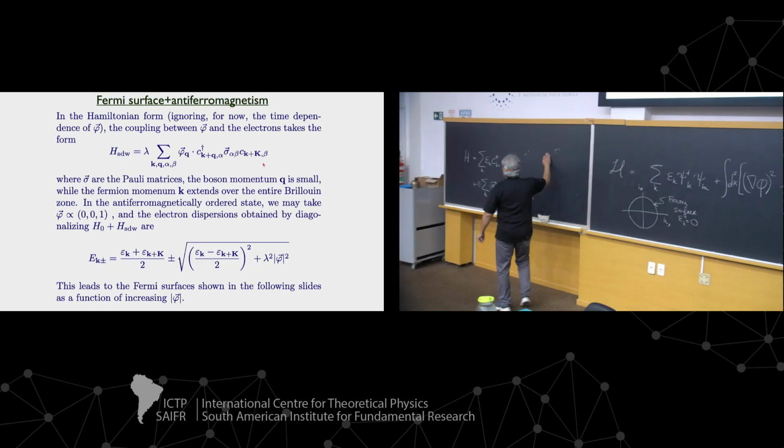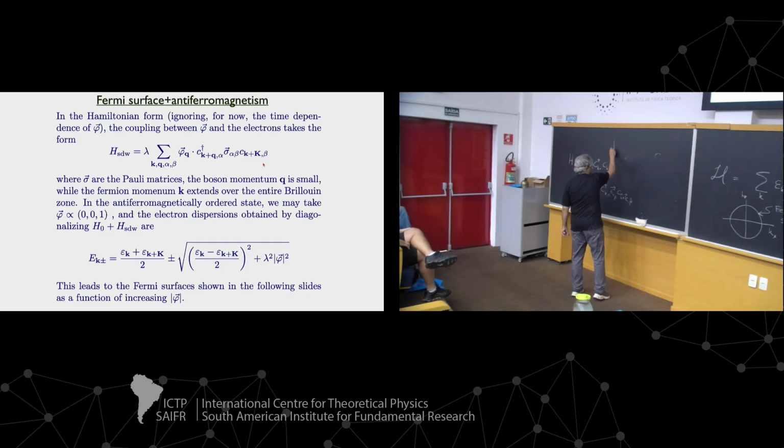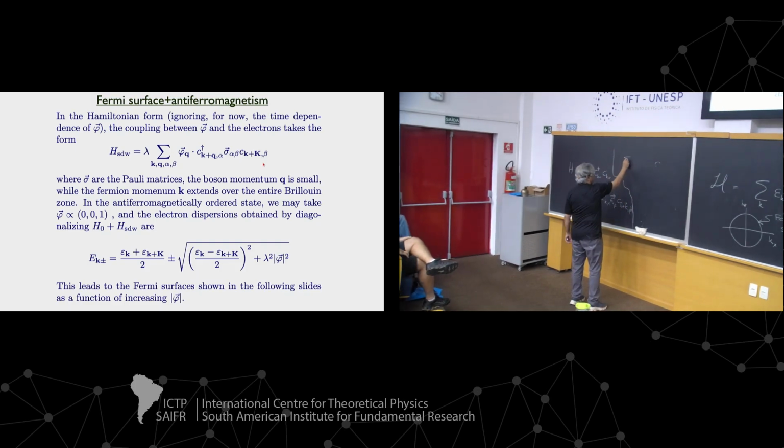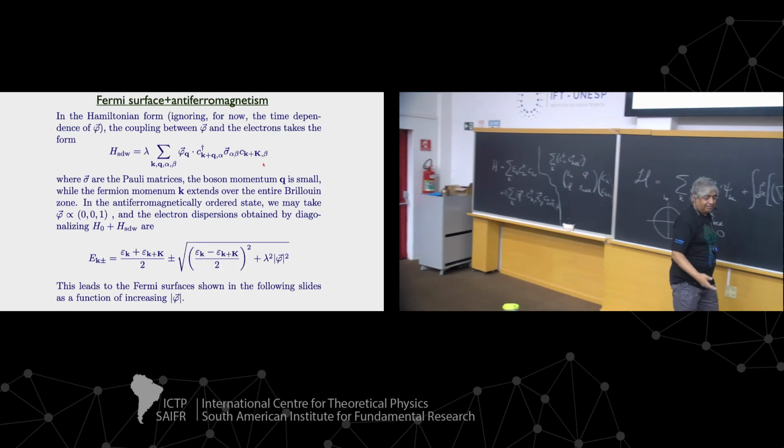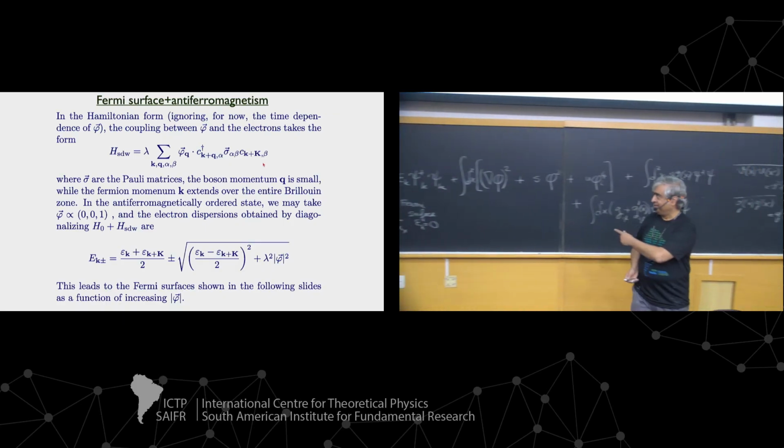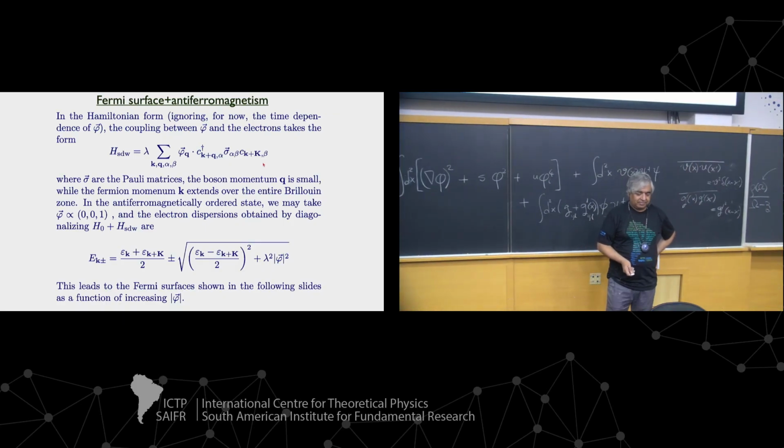So the Hamiltonian can be written as something like this, sum on K. It's like C dagger K, C dagger K plus capital K. And then there's a 2 by 2 matrix, and it's CK, CK plus capital K. And this is EK, EK plus capital K. And dropping some indices, there's a phi here and a phi here. That's it.